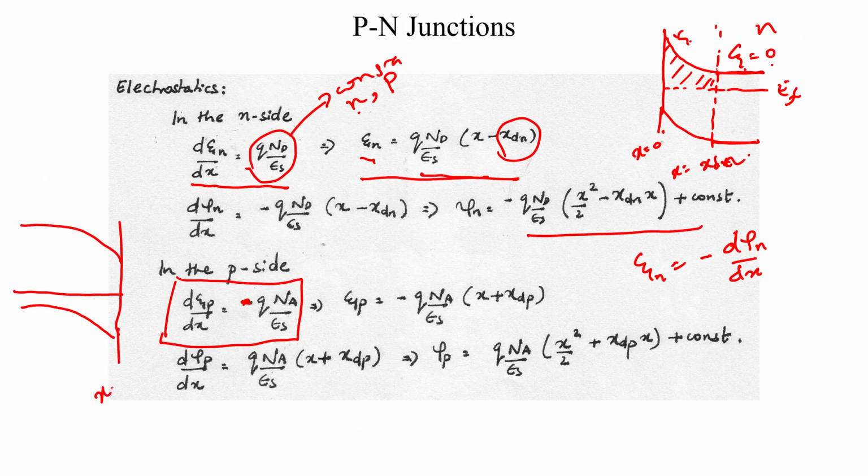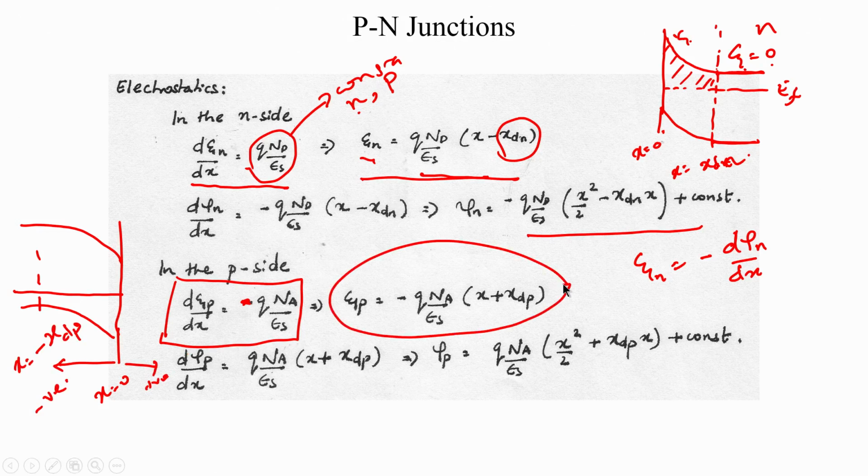Since this is my x equal to 0, we have band bending till a point of x equal to minus xdp. This side of the axis is all negative values of x, and that is all positive values of x, and you apply that boundary condition and you will end up with this solution to your electric field. And now you can go ahead and calculate the potential. The expression for the potential would be another quadratic which tells you what the potential is on the p side.